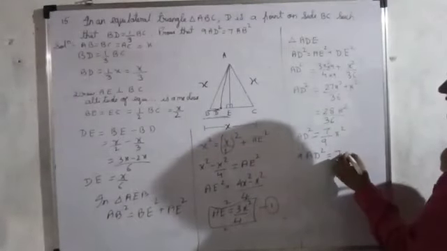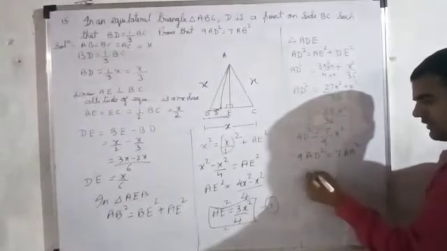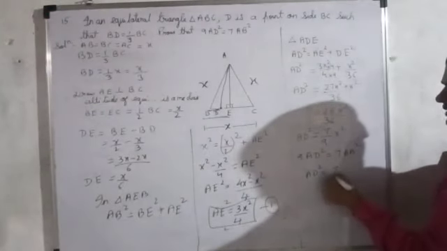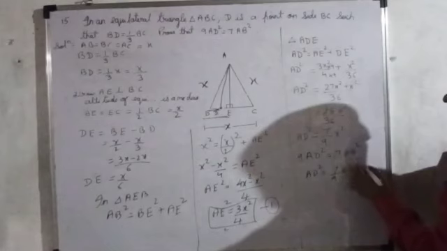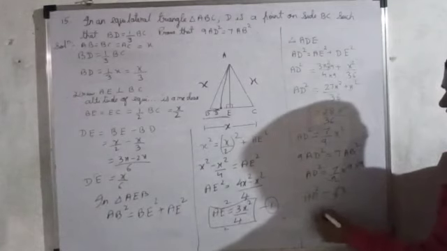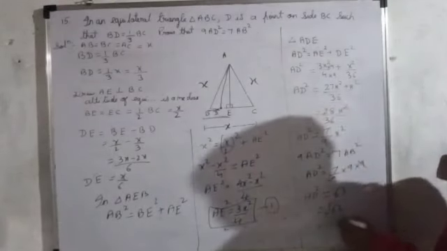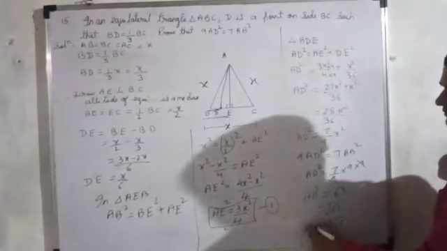You can take AB, which is needed, so 7AB square. And I had asked you AD square, so AD square equals 7 by 9 AB square. AB was 9, so 9 square. The 9s get cancelled. 63. So AD square equals 63, so AD is root 63. You can simplify this: 9 into 7, so 3 root 7 is also a possible answer for AD.